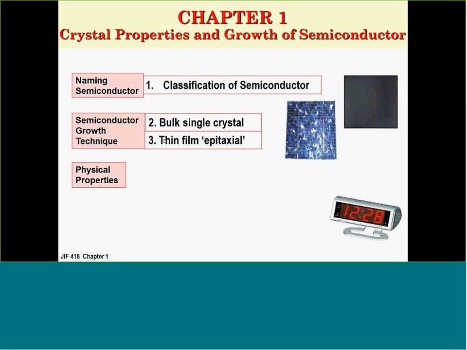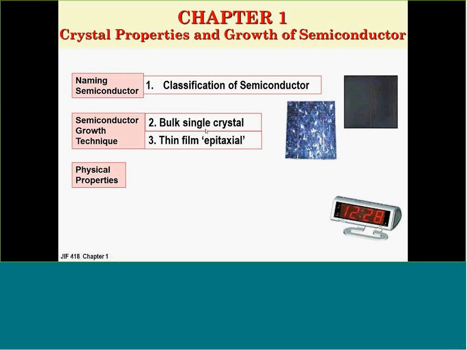Next, apart from bulk single crystal as a substrate, we also use thin film epitaxial, where we grow a thin film so that this part will contribute to our devices.